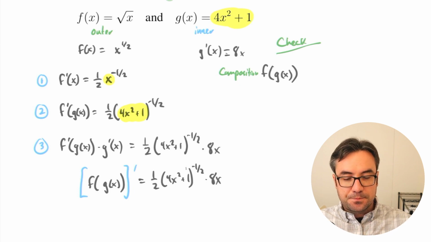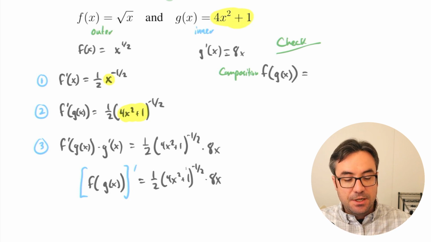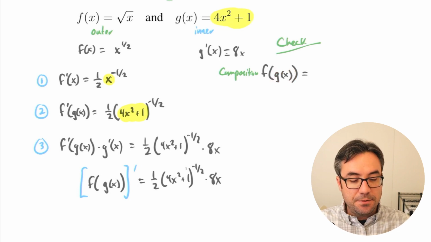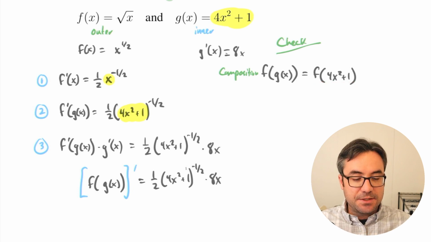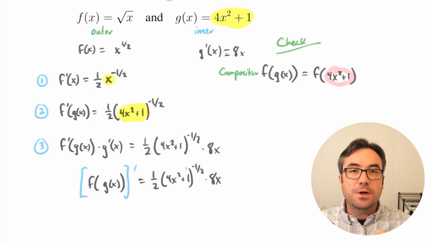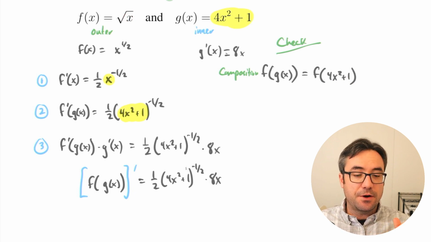First thing I'm going to do is replace g of x with what we know g of x actually is. So this g of x here, I'm just going to replace with 4x squared plus 1. Essentially what this is saying is take this 4x squared plus 1 and plug it into function f wherever you see a variable.